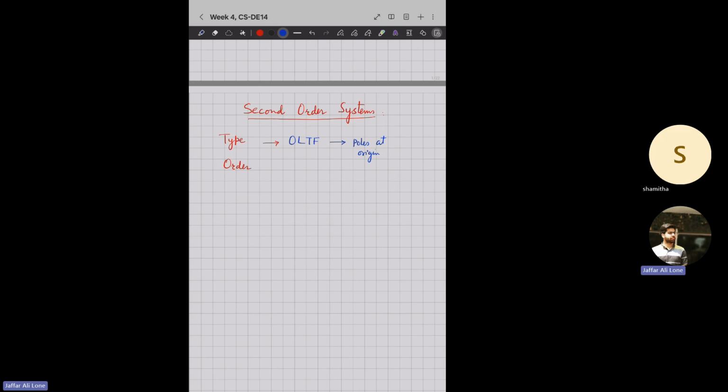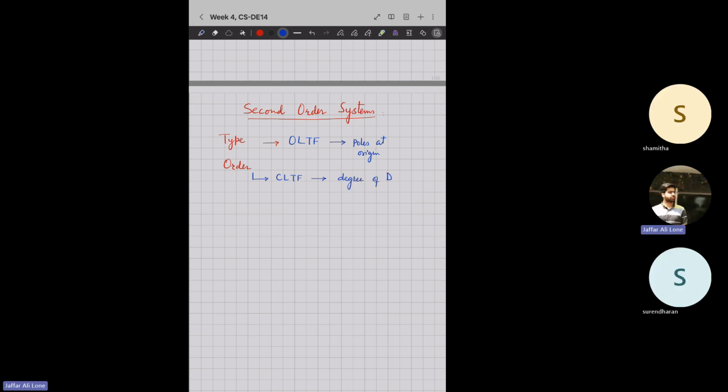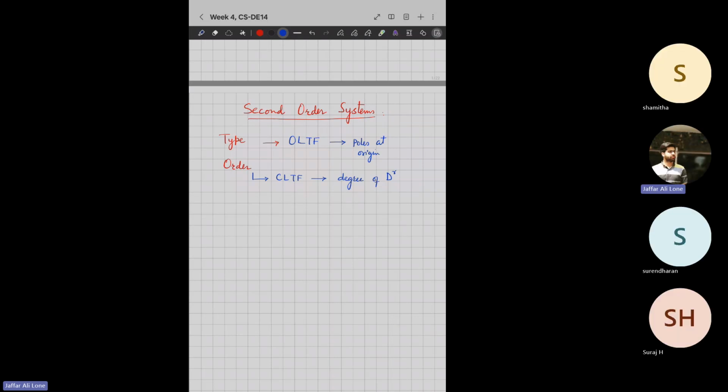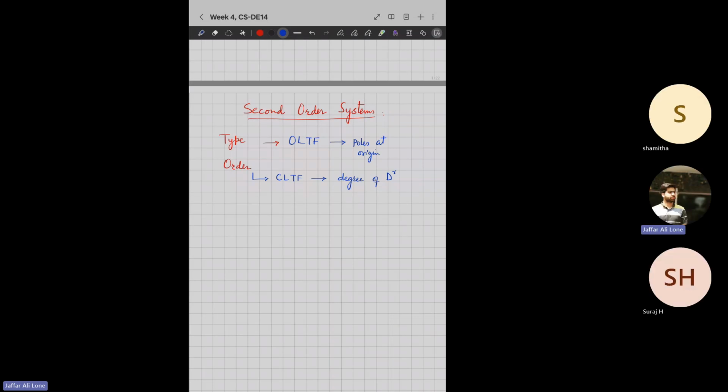But when we say the order of a system, then we are considering the closed loop transfer function. In that closed loop transfer function, we look at the degree of the denominator. The highest degree of the denominator is the order of the system.